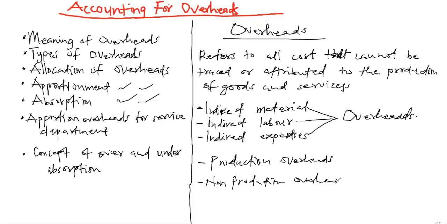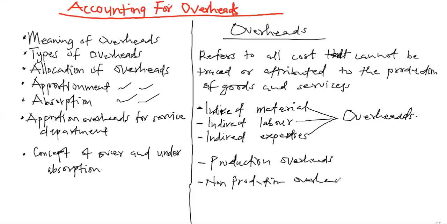That is why we say it is indirect labor. This supervisor helps in the production of goods and services, which is why we classify the salaries of supervisors under production overheads.